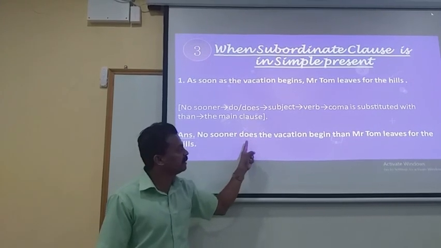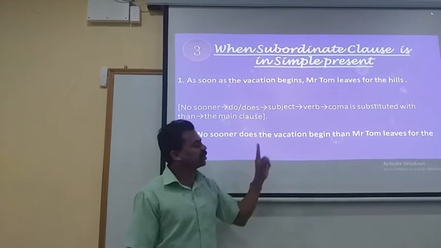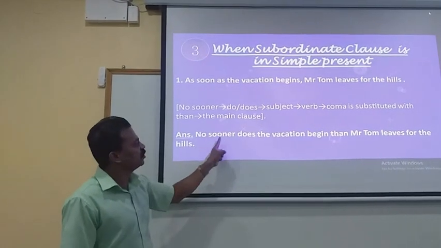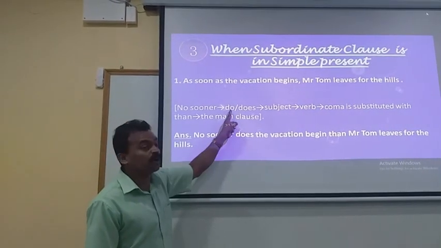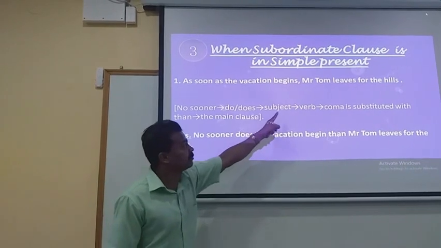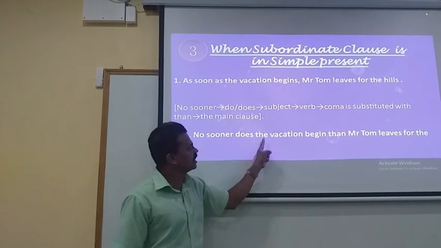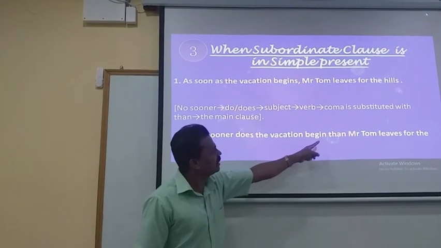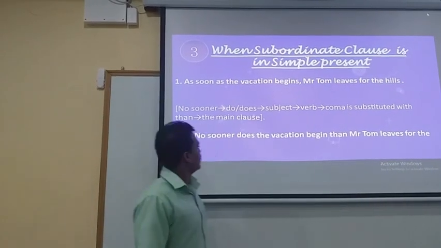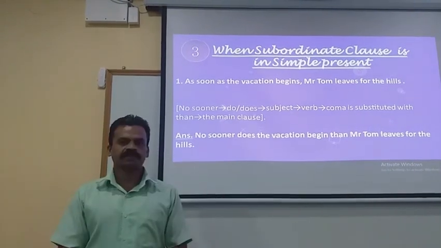Here it is supposed to be does because the subject is singular. So the answer will be no sooner does. We cannot make use of do here, the subject being singular. So we use does, then the subject, the vacation, then the verb, then Mr. Tom leaves for the hills.